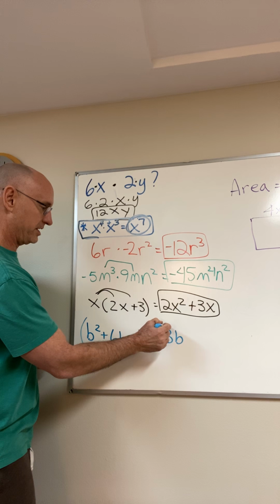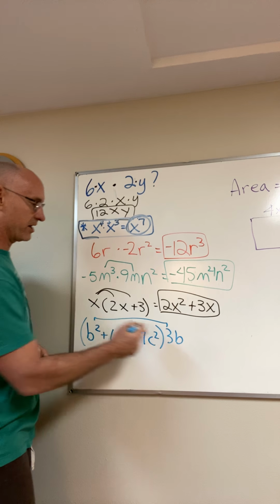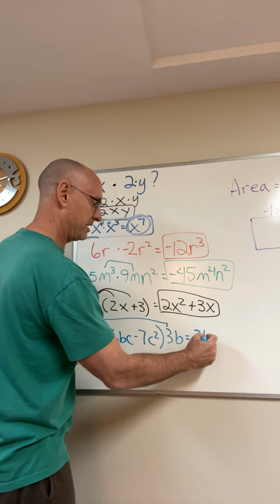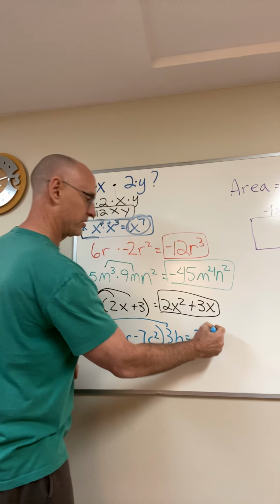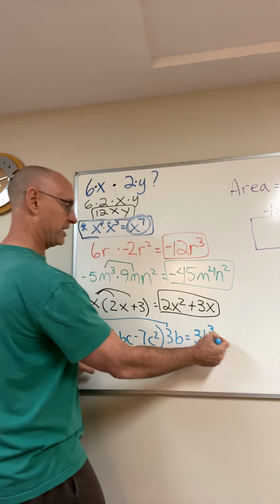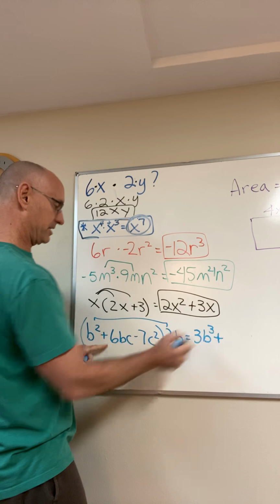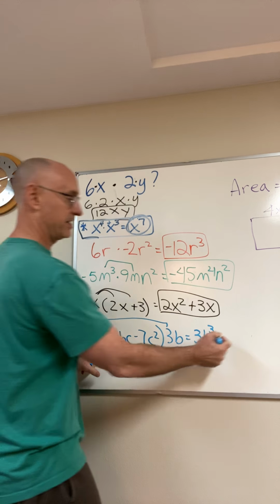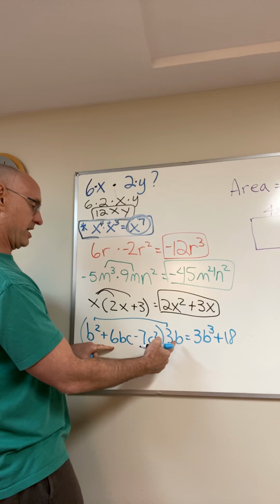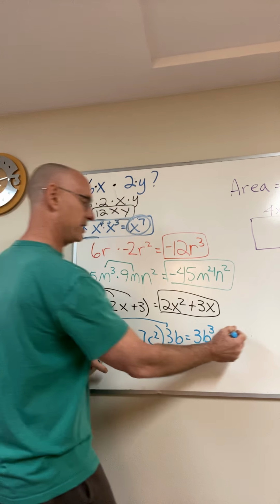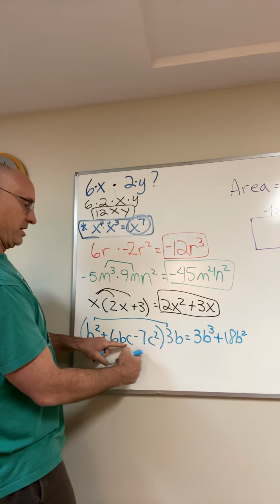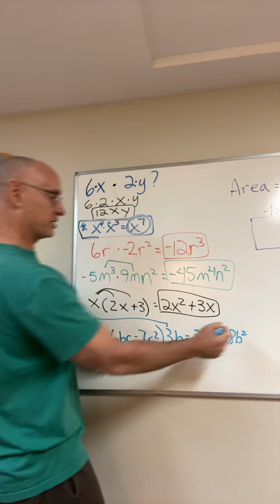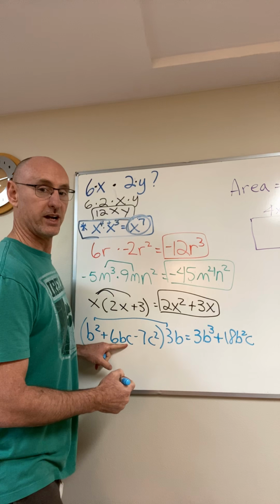So 3b times b squared is 3b, you got 1 there, 2 there, to the 3rd, plus, make it look like a plus, 3 times 6, you guys, are you following? That's 18. And then b times b is b squared, and there's no c, so we just put c, right?